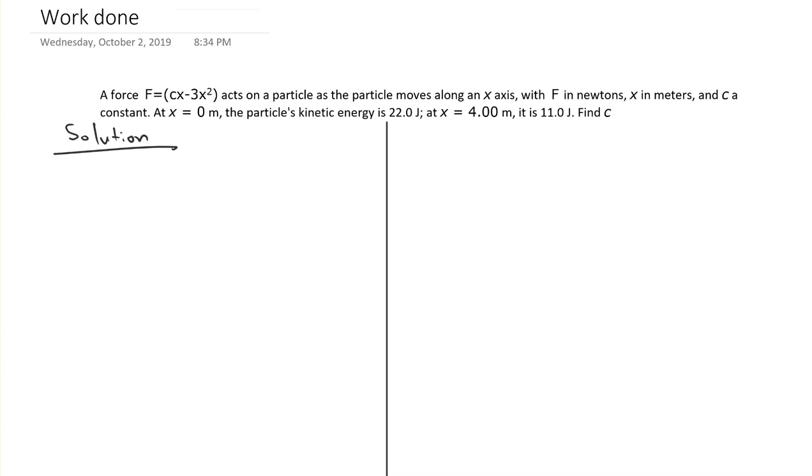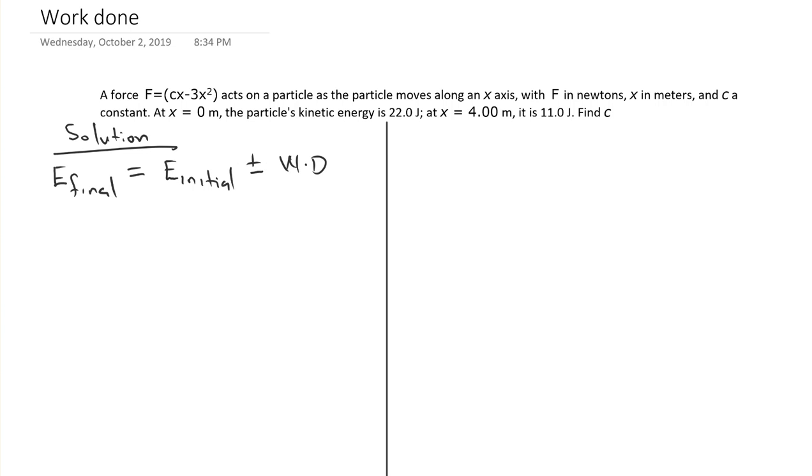We all know that mechanical energy of a particle or a body is given by this expression. Final mechanical energy is given by the initial mechanical energy plus or minus the work done.